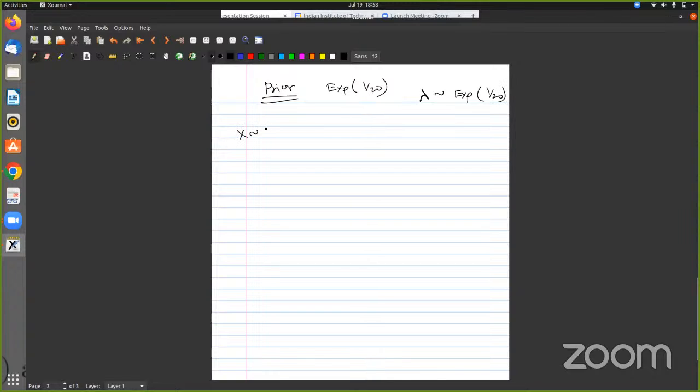For example, say x has some other distribution, let's say Poisson with parameter, let's say 5. So how will you write this? e to the power minus 5, 5 to the power x, divided by x factorial.